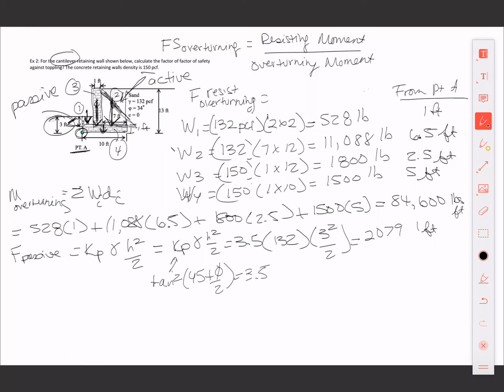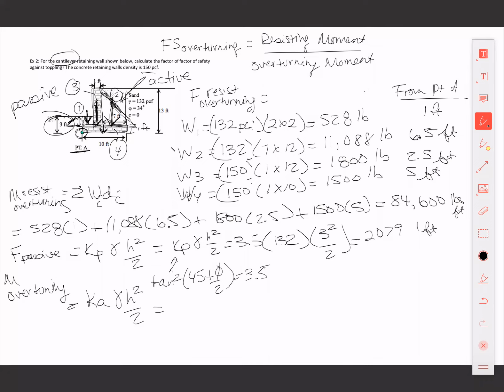For the overturning, this is the moment resisting overturning. For the overturning moment, that's going to be the active side. So this is going to be Ka, the active, times the unit weight times h squared over 2.